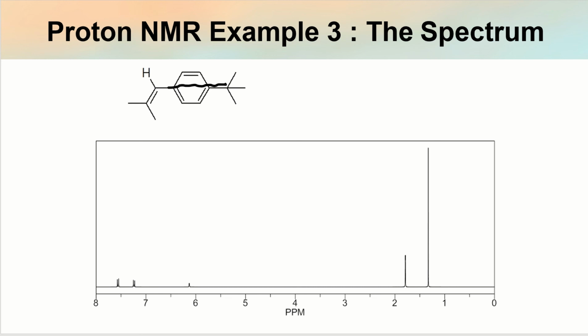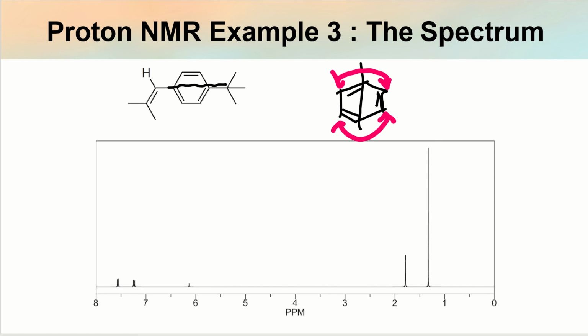So in other words, if we fold just the benzene ring portion in two, we would have this proton being equivalent to this proton, and we'd have this proton being equivalent to that proton, right?